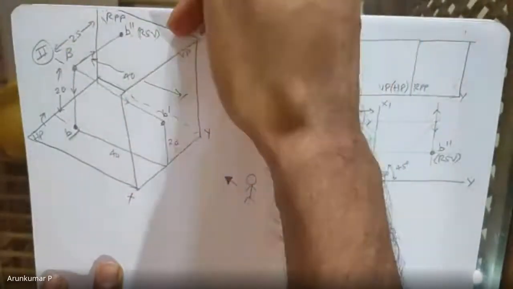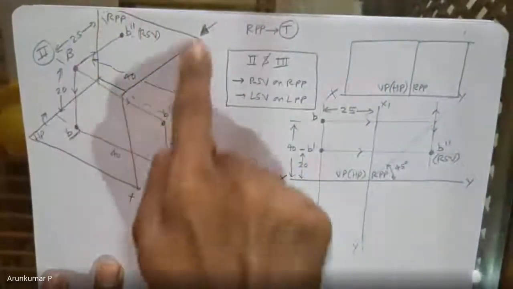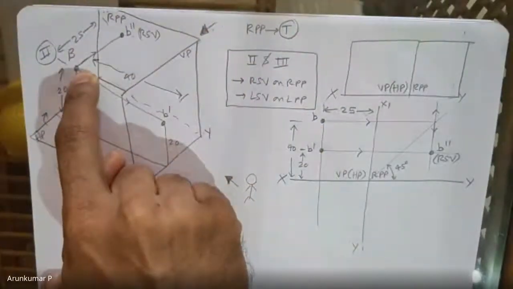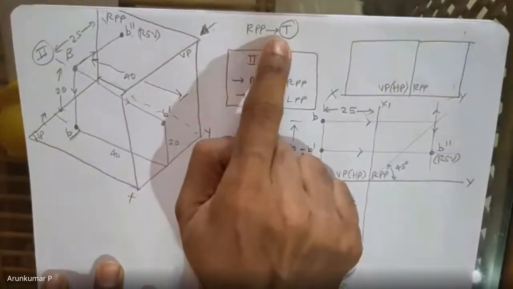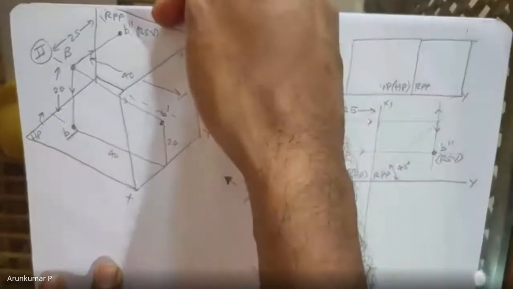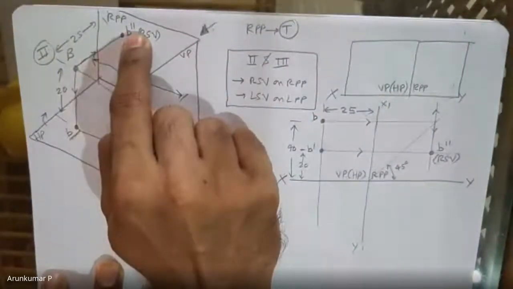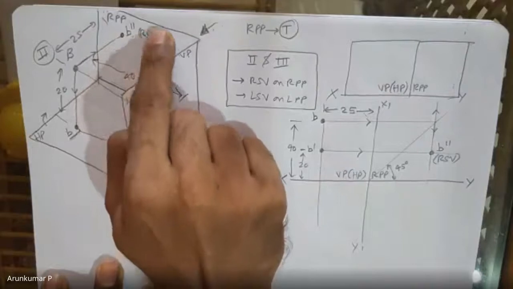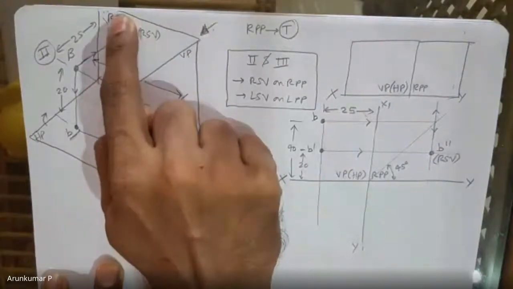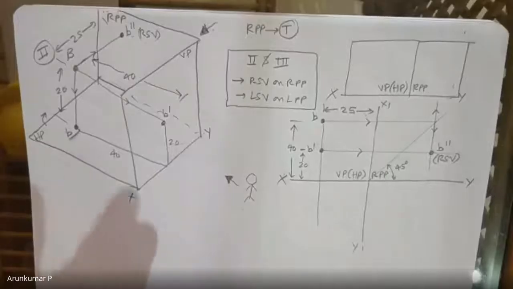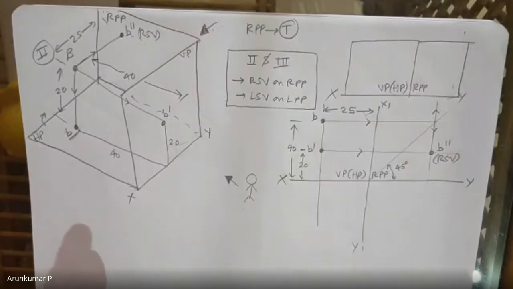If you look from the right side, because of the right profile plane, you won't be able to see the point, so you have to make it transparent. When you look from the right, you will get a view because you have made it transparent. So basically, you are getting a right side view on the right profile plane. It is just to differentiate. Second, third, it is one set of rules. First, fourth, it is another set of rules.